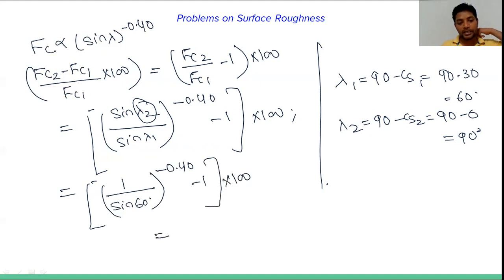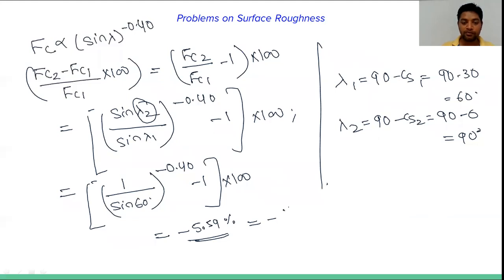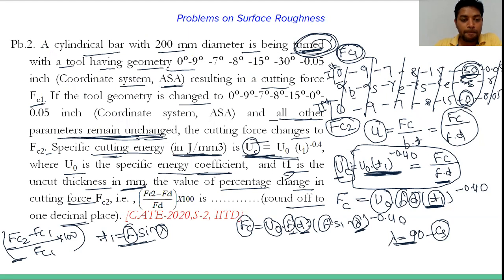When you calculate it, I have already calculated, the value I am getting is minus 5.59 percent. But only rounding off up to one decimal is asked, so we can write it as minus 5.6 percent. So this is the percentage change that occurs in the forces by changing this cs value.